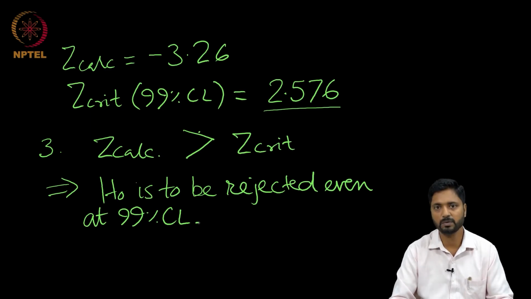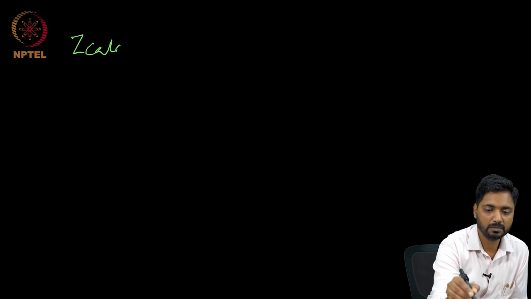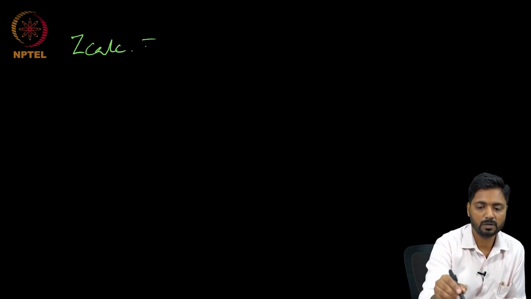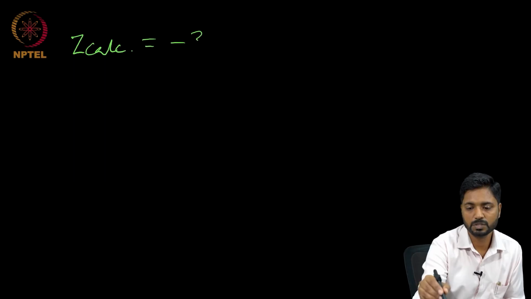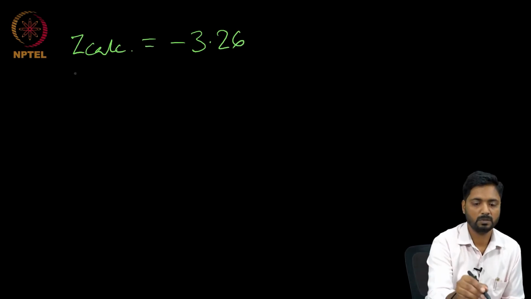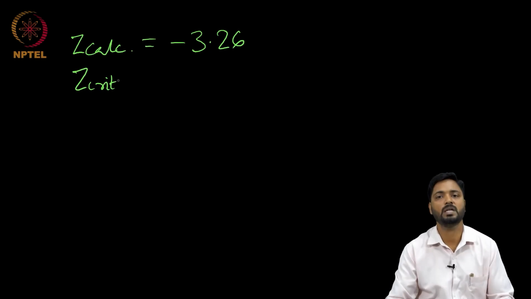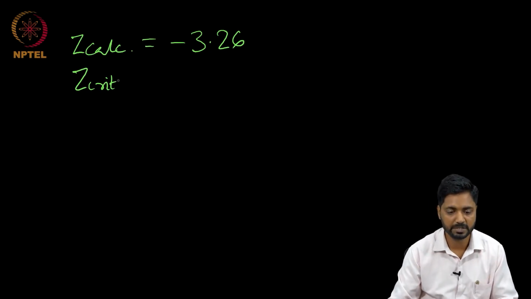In this case, we will be applying the one-tailed test, and the z calculated value, however, will not change. The z critical values nonetheless will be changed here.